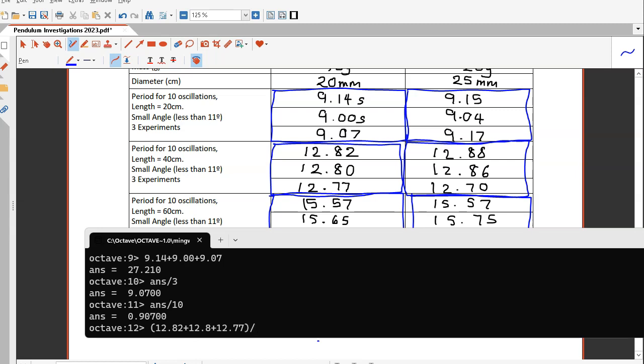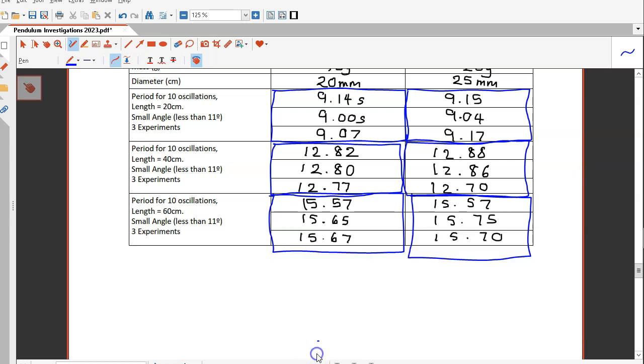And then I'm going to divide that by 3 and divide that answer by 10. I could have divided by 30 here and got the same result, but this is fine. And let's round the answer to 2 decimal places. So this is 1.279, so I'm going to round up to 1.28.